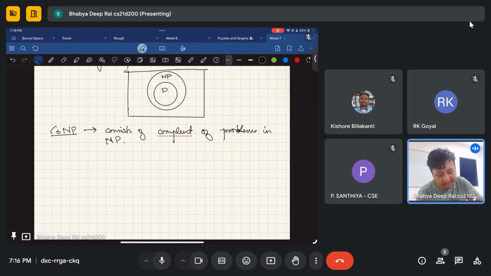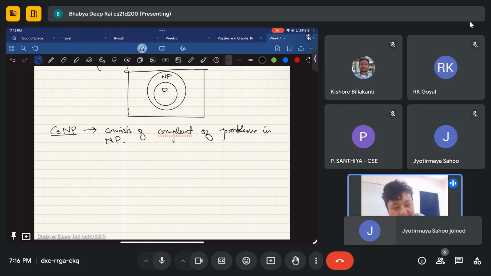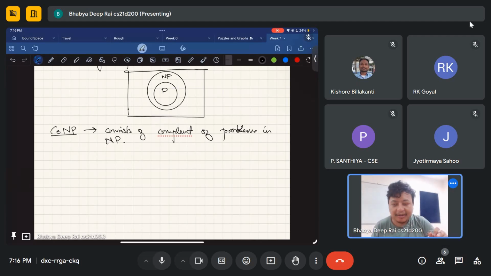I mean, set complement. I don't want to introduce too much maths into this, so what I mean is, all the yeses in NP will become the no's.